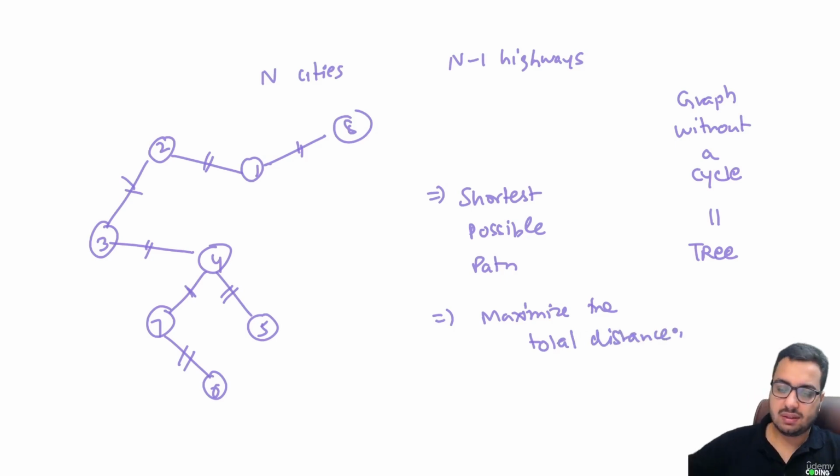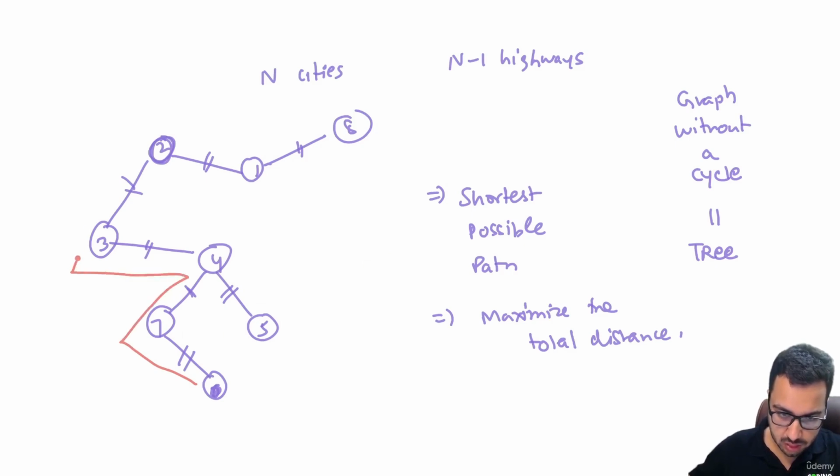That effectively means if this person 0 wants to go to the node 2, it will take the direct route. One possible way is that it goes like this from 0 till this particular node. This is the shortest path.